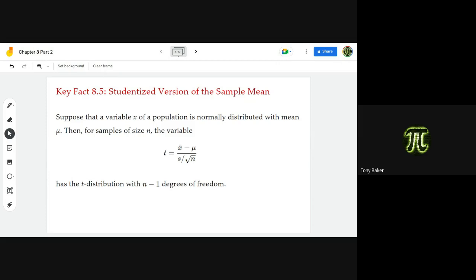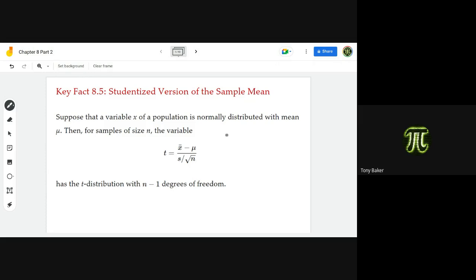So that's what we're going to start looking at today. The equation that we have right here looks very similar to the z-score. It's the sample mean minus the mean of the population divided by the standard deviation.